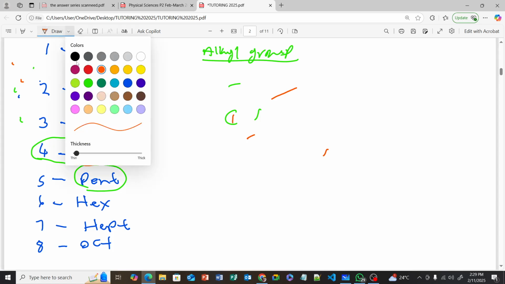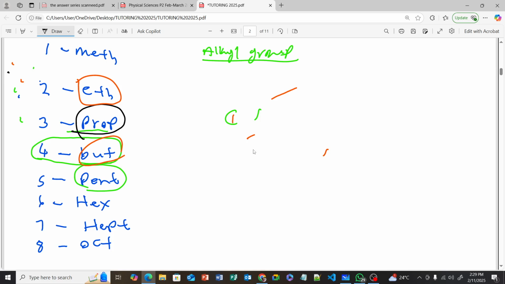Now let's say we have the following molecule. We have 1, 2, like this.